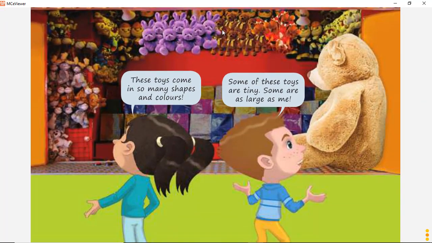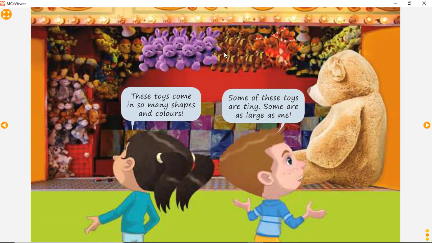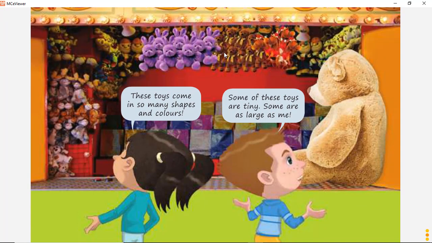As you can see on the screen or on your book, we have two children here. The first is Aisha and the second is Tom. Aisha and Tom are looking at toys and dolls. So now we say that these toys come in so many shapes and colors.